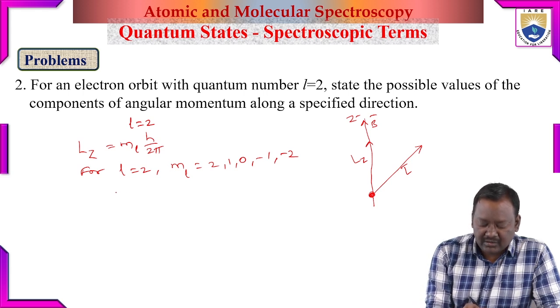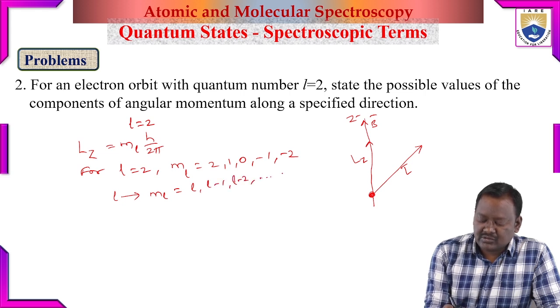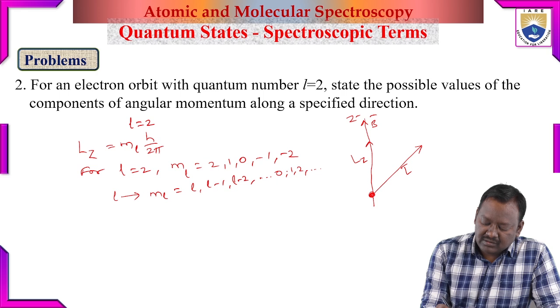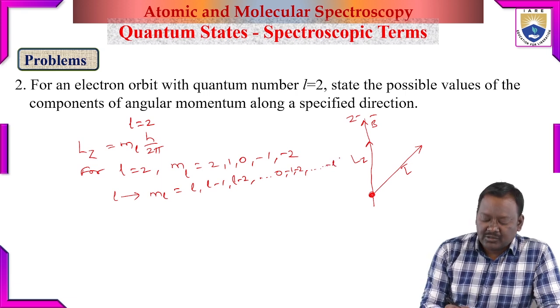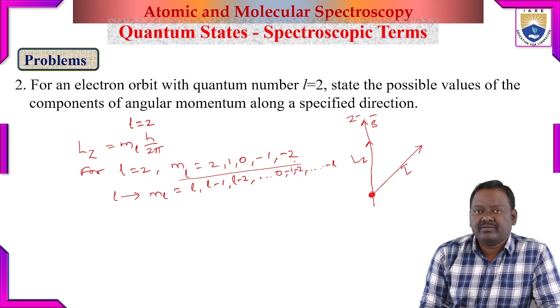For any L, the ml values will be like this: L, L-1, L-2, and so on, 0, 1, 2, up to -1, -2, and down to minus L. So we have taken the ml values like this.